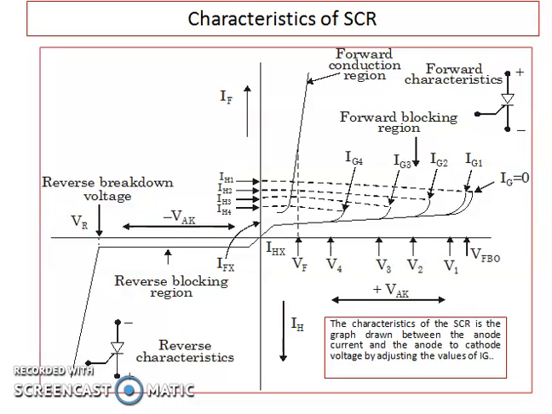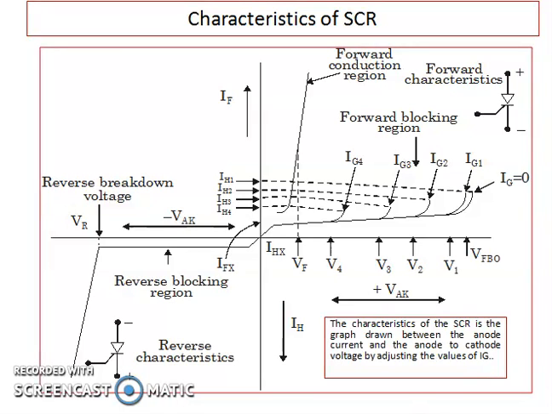The holding current is the minimum current that has to be maintained to keep the SCR in the on state. And as we already indicated, once the SCR comes to the on state, it is not possible to switch off the SCR by making the gate voltage or gate current 0.